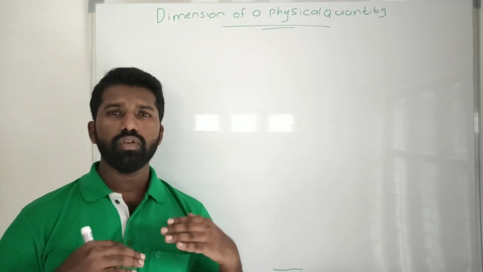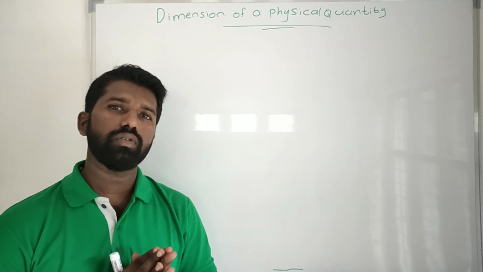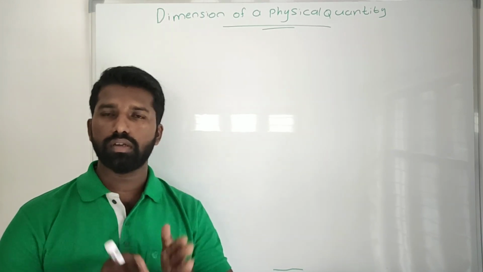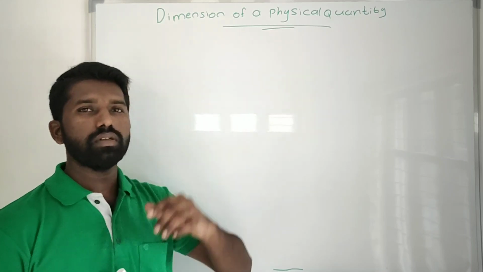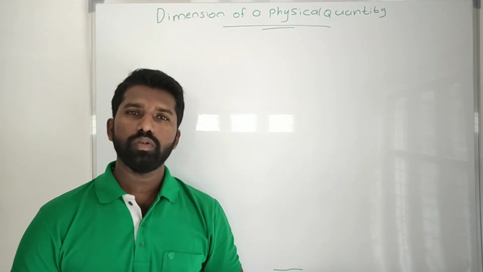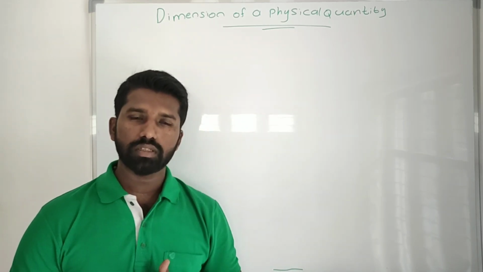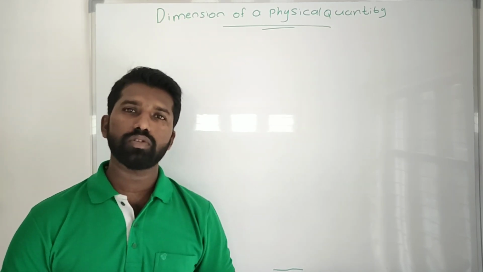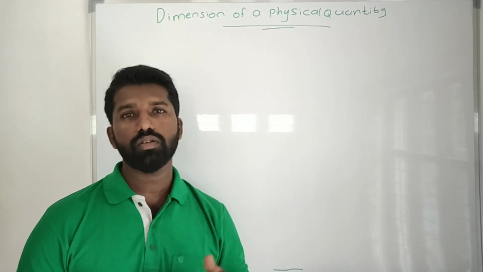If we want to know how many powers of fundamental quantity are there in a derived quantity, we will use the dimension methodology. It will easily help you to find that. What does dimension mean? Dimension represents how many powers of fundamental quantity are present in a physical quantity.